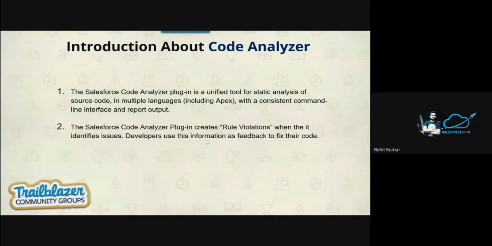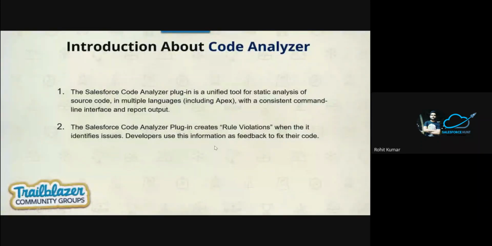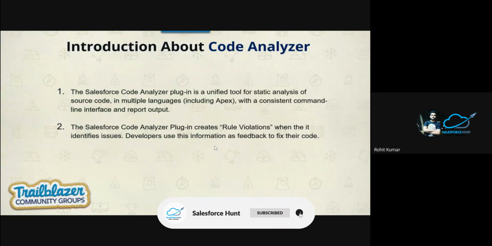You can also integrate this plugin in your CI/CD solution. Suppose you are using any DevOps native tools in Salesforce like Gearset, Copado, and AutoRABIT. You can also add all these in your Code Analyzer configuration. We have additional things too.